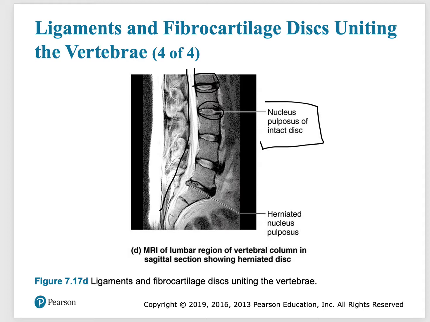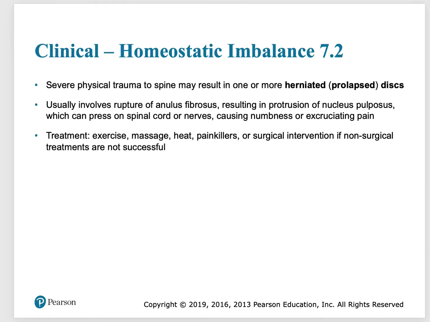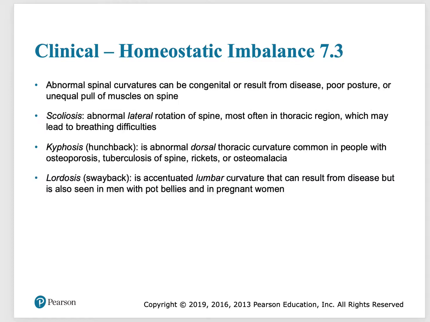But right here, you see the nucleus pulposus actually bulging out to compress the spinal column. So it can cause numbness, tingling, pain, all those different kinds of things that can happen with herniated discs. So of course, painkillers, sometimes surgical, but it's always a big deal to have back surgery because there's so much room for error, and you can actually lose sensation to many parts of the body.